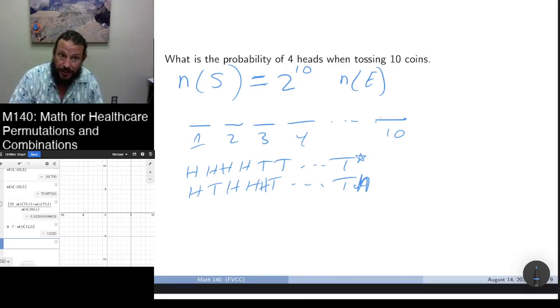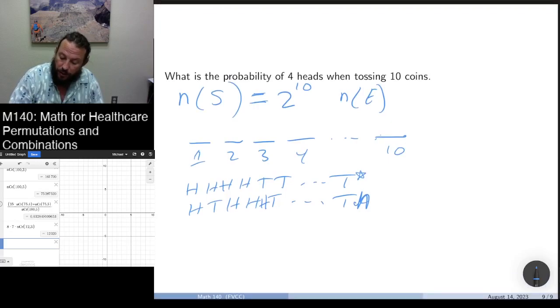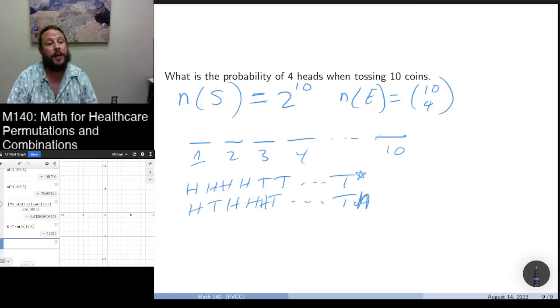Okay, or the event is, whichever way you want to think about it. It's going to be, what do we say? We got 10 different things, and we're choosing 4 of them. All right? Luckily, each of those is equally likely, right? That's an important thing, and how we counted the sample space and all that business.